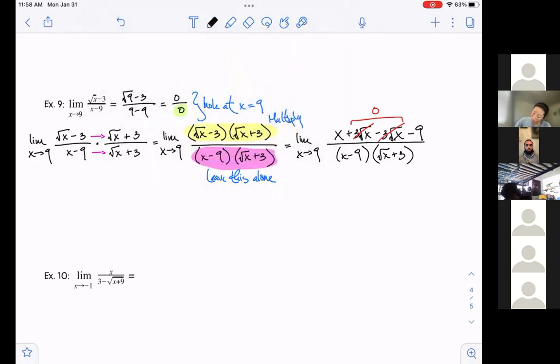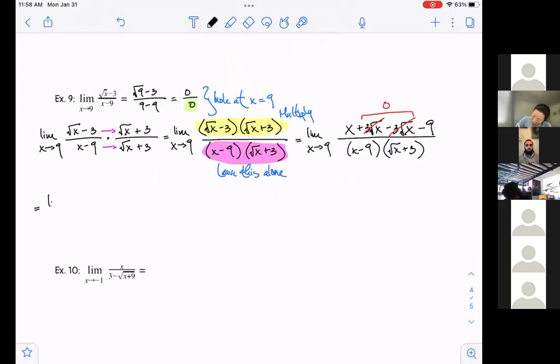So what's left in our fraction? In the top, those are the only things left, X and the minus 9. The bottom, which we were very patient and we didn't do anything to it, we just kind of let it sit there.